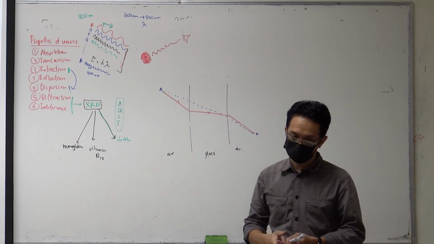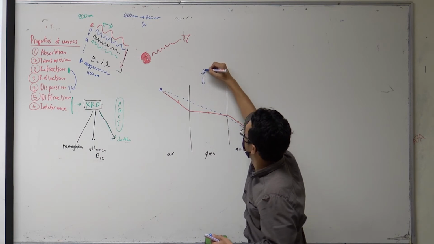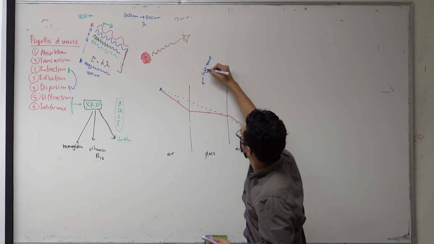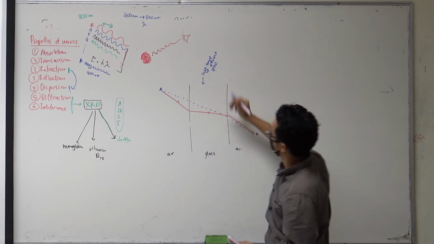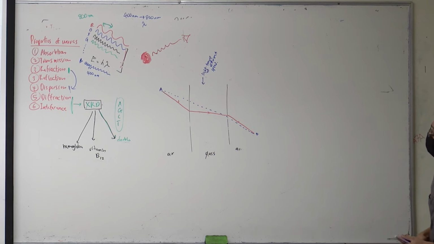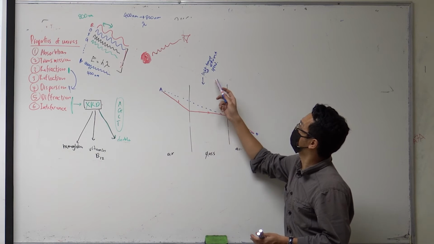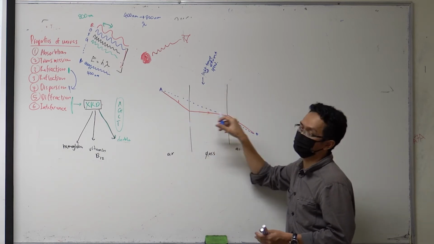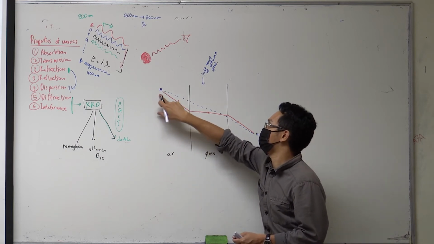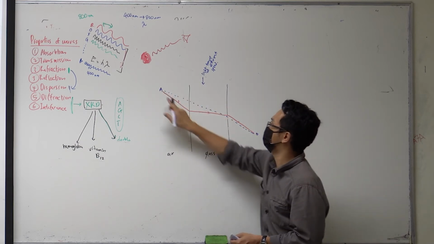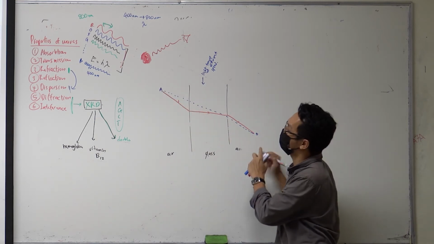The reason for this is because the light will travel at different speeds here. So the reason why the light travels at different speeds in the first place is because the light will try to reach B, for example from A to B, in the least possible time.